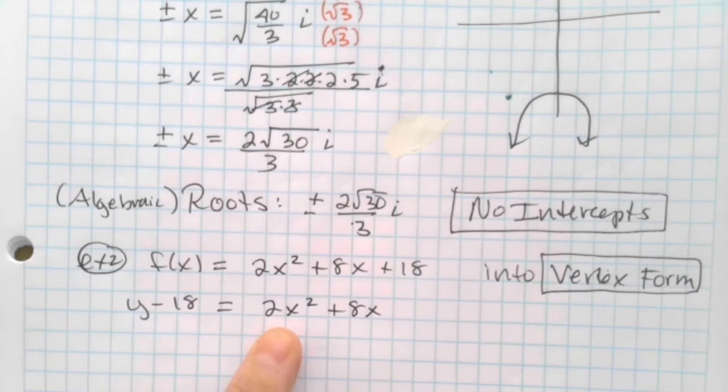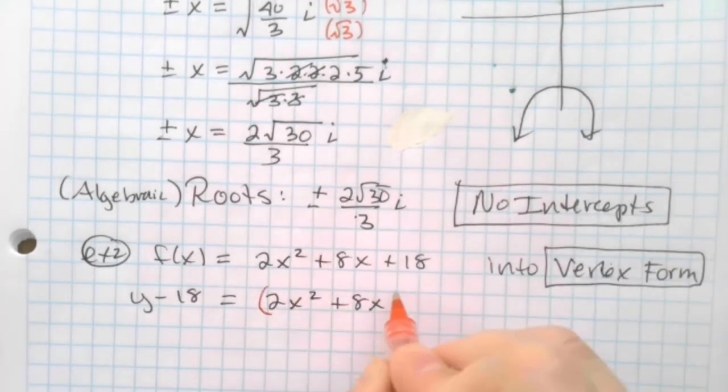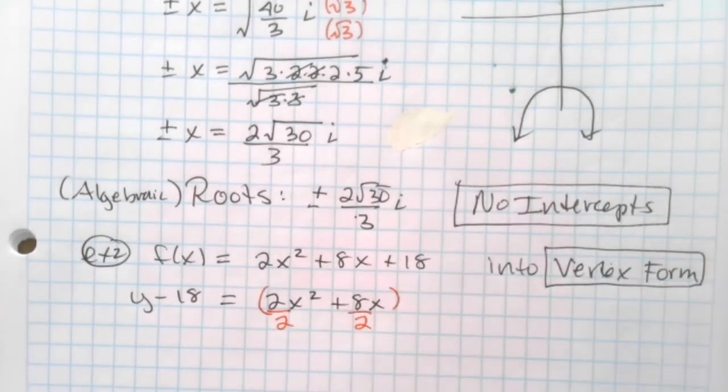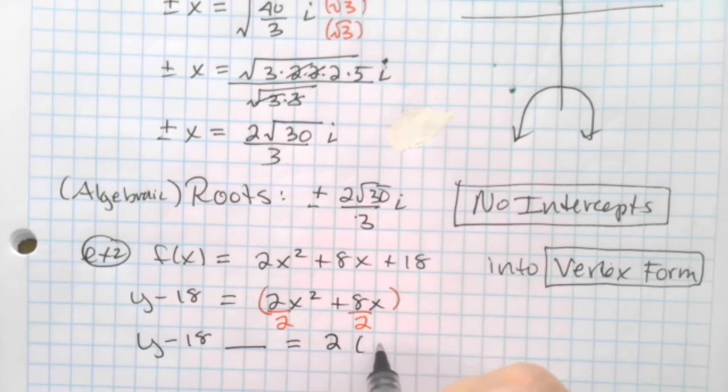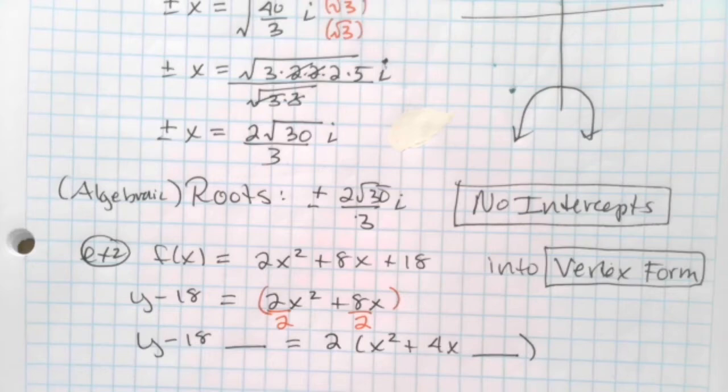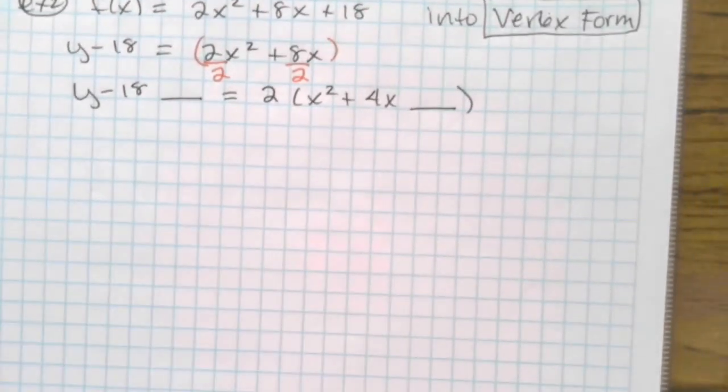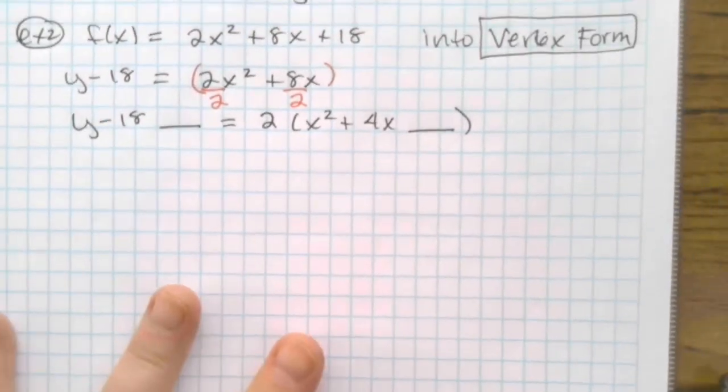We do have a scalar, so we need to divide everything on the right side by 2 and park it in front. I'm going to leave a little space. Park it in front. You're left with x squared plus 4x. Leave a little space. Now we're ready to use our magic formula.